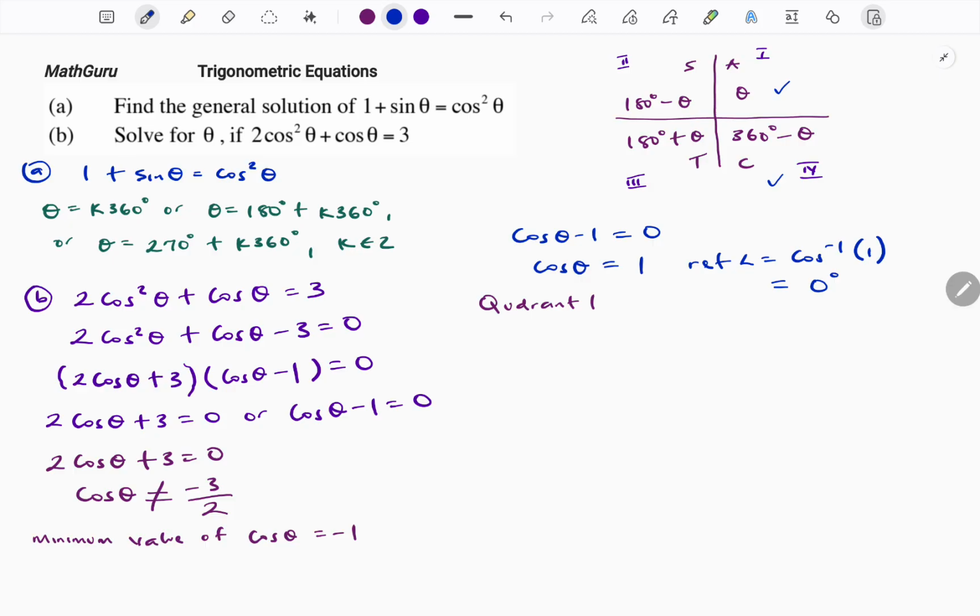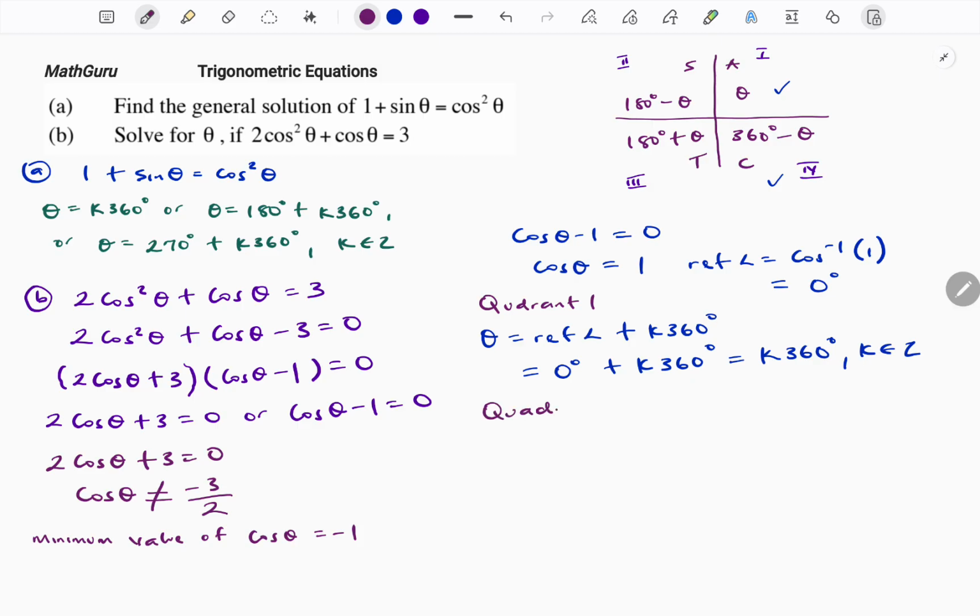So therefore, in quadrant 1, I have my theta equals my reference angle plus k 360 degrees, and that is equal to 0 degrees plus k 360 degrees, which is equal to k 360 degrees, where my k is an element of integers. So I'm going to do the same for the fourth quadrant.